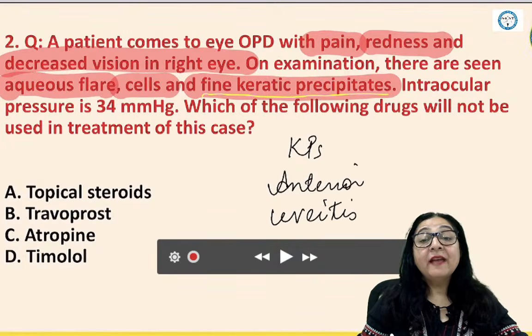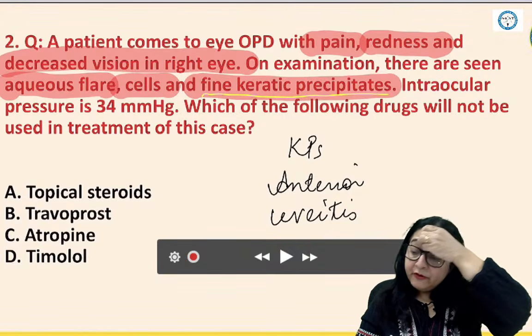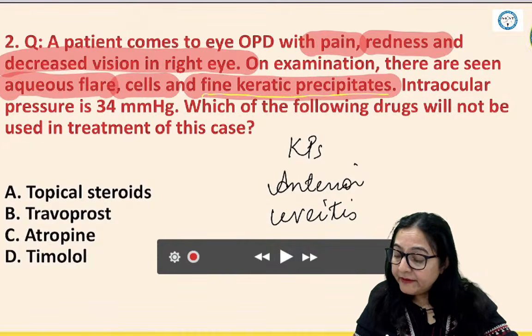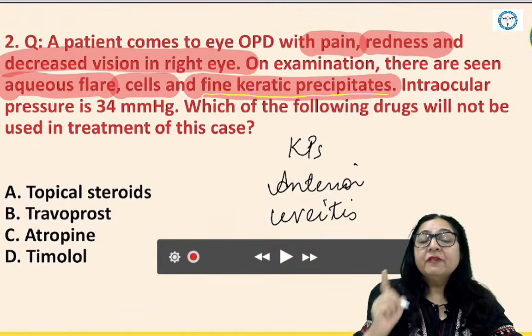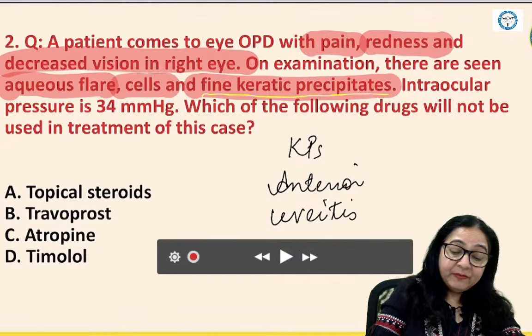So this patient has anterior uveitis. Intraocular pressure is 34 millimeter of mercury. Which of the following drugs will not be used in the treatment of this case?